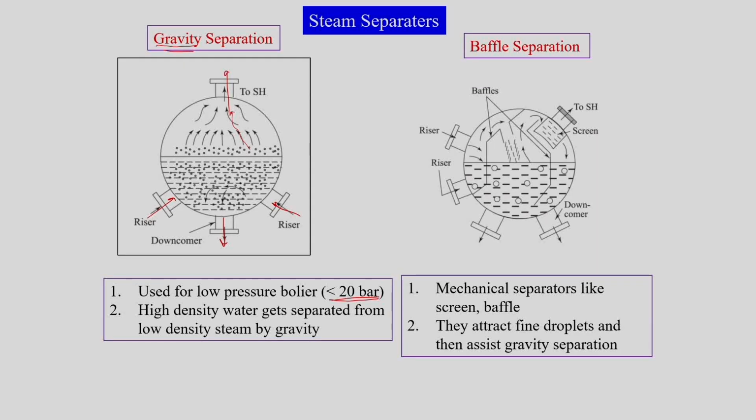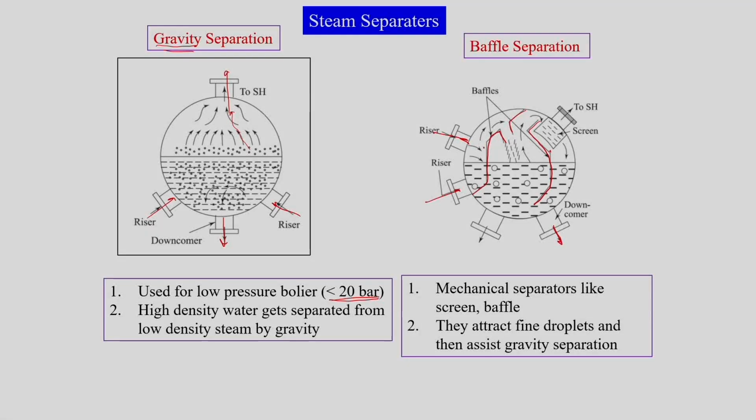So, as to separate them, this is a riser, this is a downcomer, and then there is another riser. When the flow comes from the two risers, we have baffles or screens placed inside the drum, and these baffles guide the water which is coming from the riser.